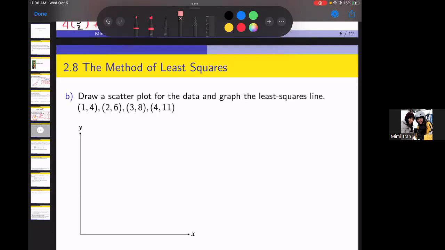So do the tick marks first. On the y-axis, I need all the way up to 11. X-axis maybe up to 8.